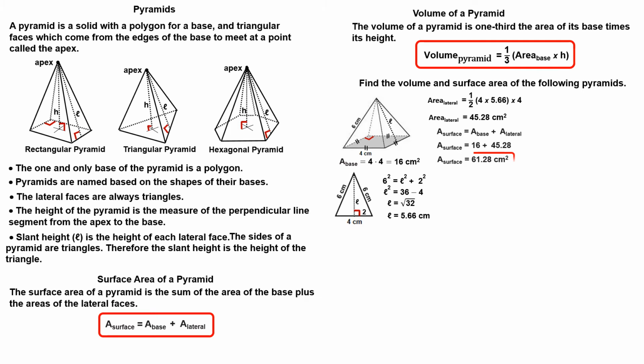To calculate the volume, we need the height of the pyramid. To calculate the height, we use Pythagoras theorem again. Look at the pyramid. Let's find the height of a pyramid.